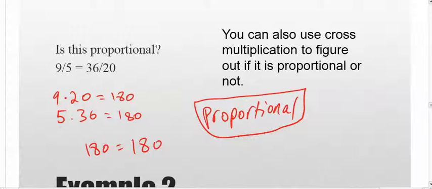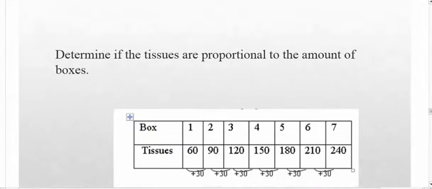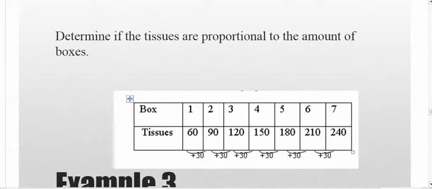So you can see that proportional relationships are pretty much connected to proportions, but they're a little different. So let's see the last problem. Determine if the tissues are proportional to the amount of boxes. A hint to show what the answer would be will be right here, like I showed you in the first one.